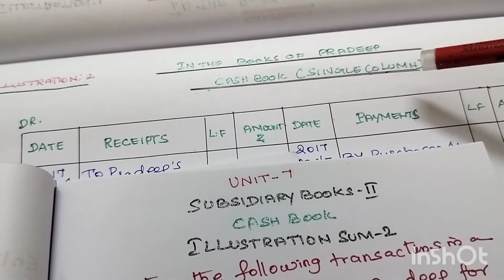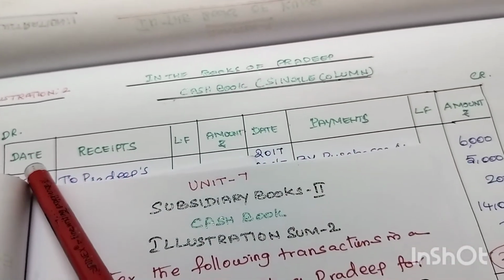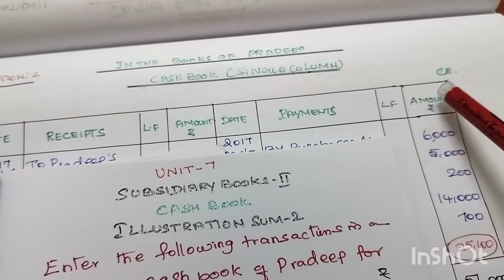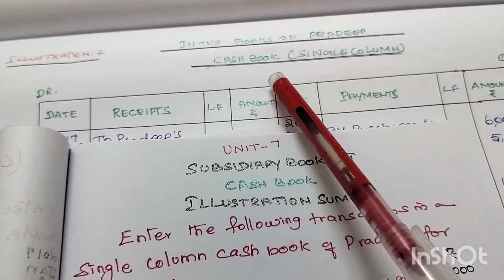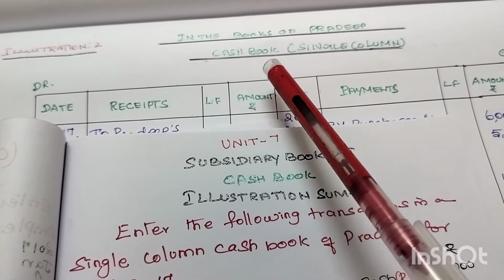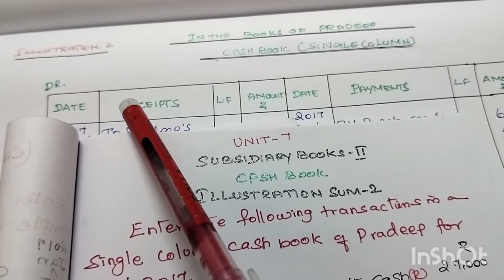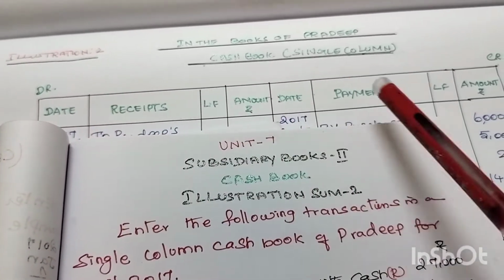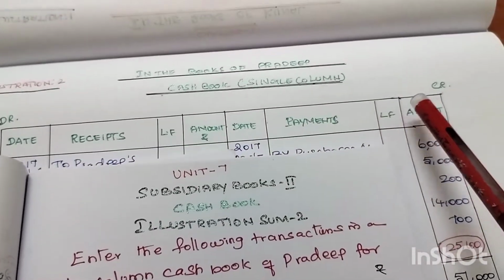We know the format of the single column cash book very well. Debtor we write in the left top corner, and creditor in the right top corner. The format is divided into two parts, like a ledger account: the left hand side we call the debit side, which means debtor, and the right hand side we call the credit side, which means creditor.